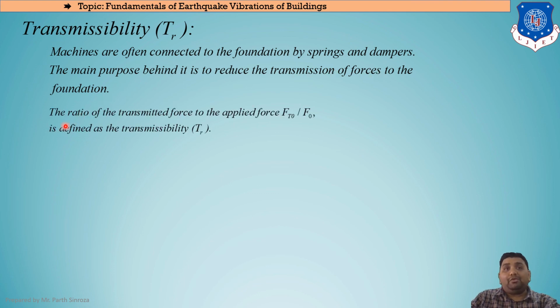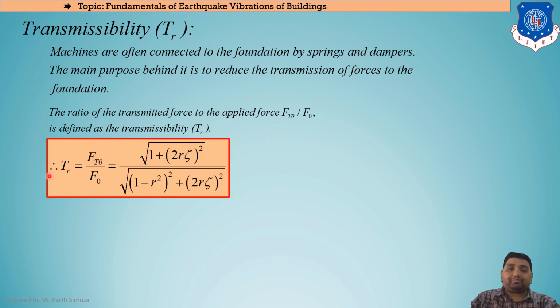The ratio of the transmitted force to the actual applied force is generally called the transmissibility of the structure. So the equation can be termed as TR, the transmissibility, equal to FTO, that means the transmitted force, divided by the applied force.